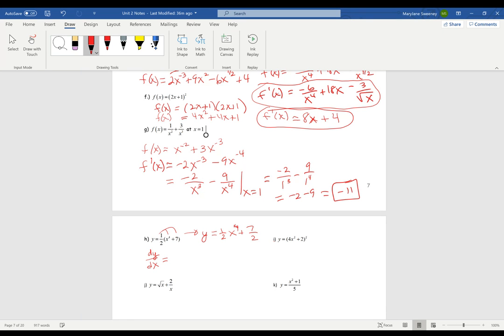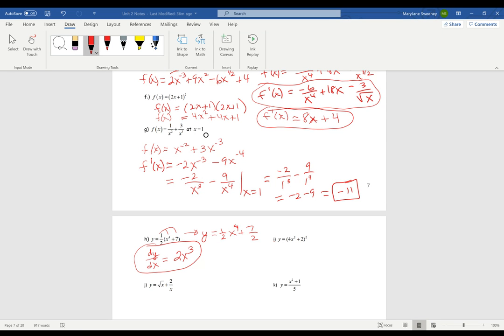I can't have a factor because later on we'll learn something called product rule where we could deal with a product. But right now we're going to have to distribute that. 1/2 times 4 is 2x to the 3rd because again we take 1 off the exponent. The derivative of 7/2 is 0. So again, we don't have to write plus 0.